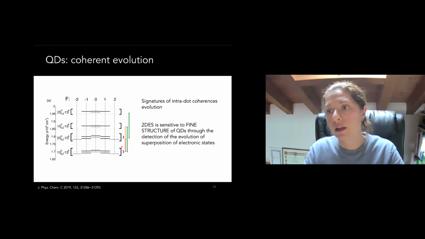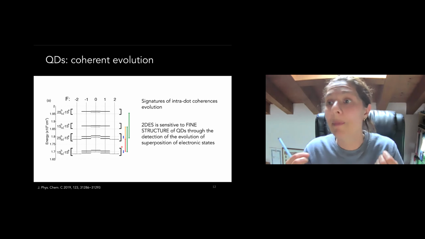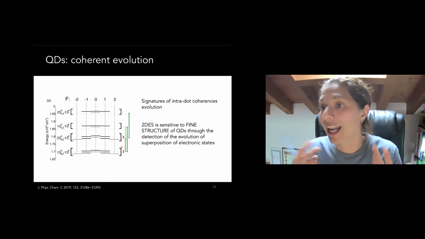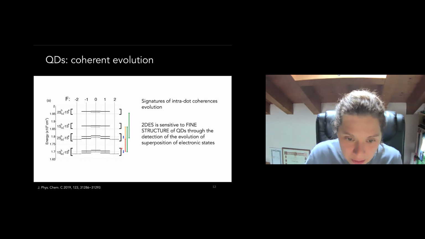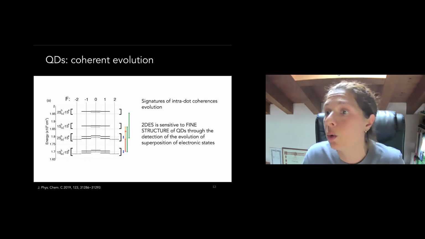So we are basically attributing this quantum beating to an interband electronic coherence. Basically, these are the coherences I am pinpointing here with the red and the yellow arrows.